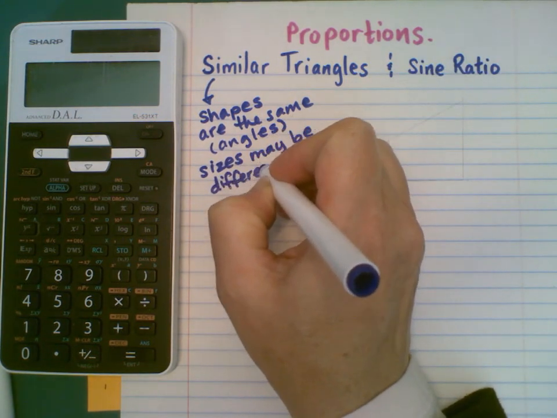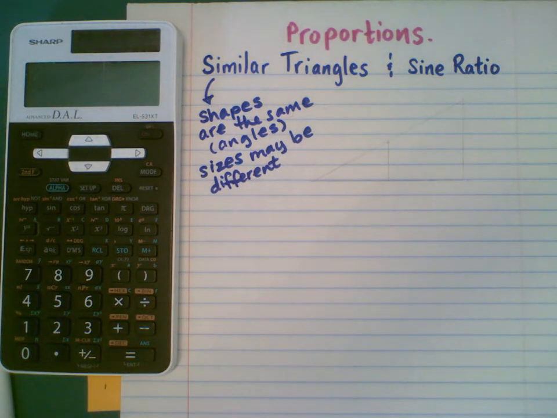So think of it as you've got two of the same shape, but one is smaller than the other, or larger than the other.